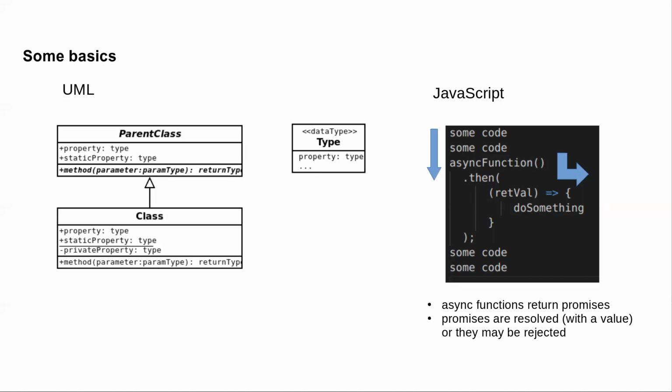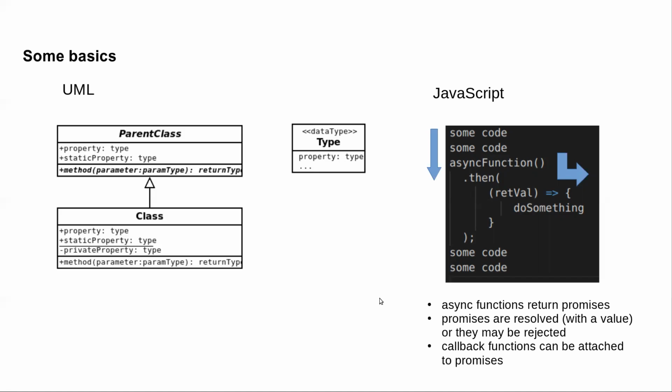And we can attach callback functions to those promises. Anyway, if I show in this diagram that a function is returning a promise, it means that it's running asynchronously, and that the return value is going to be handled by a callback function that is going to be executed when the promise has resolved.